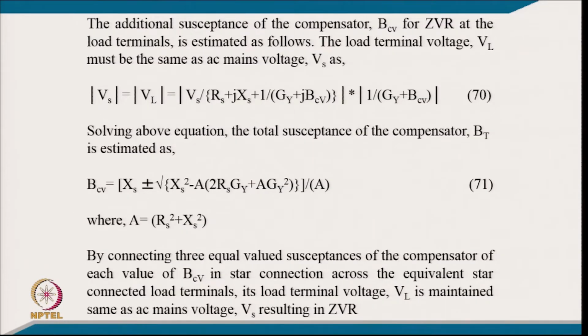The additional susceptance of the compensator B_CV for 0 voltage regulation at the load terminal is estimated as follows. The load terminal voltage must be the same as the AC terminal supply voltage, the mains voltage.